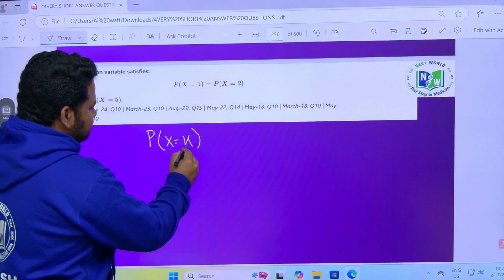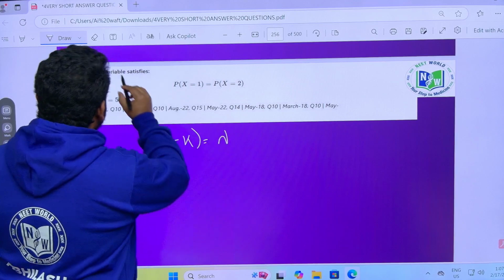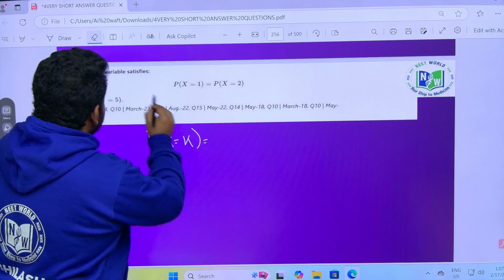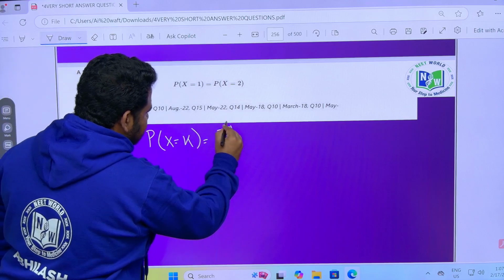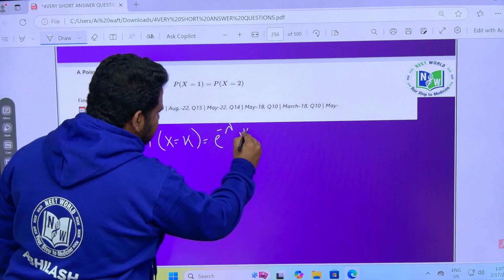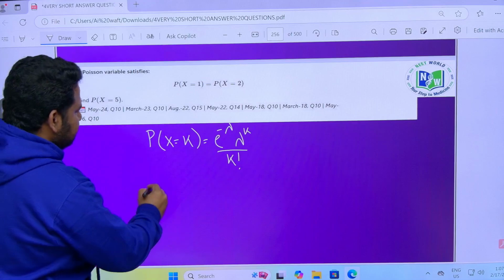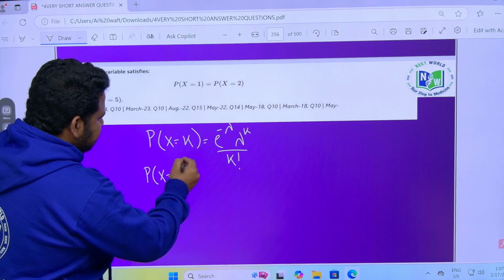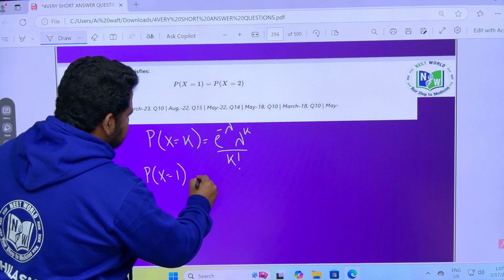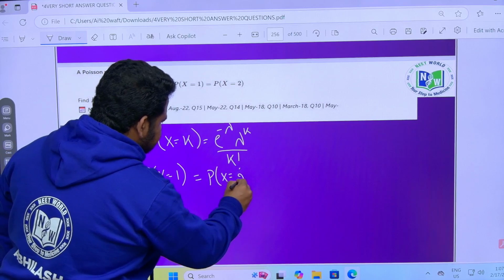variable, P of X equal to k is given by e power minus lambda and lambda to the power of k divided by k factorial. Now they have given P of X equal to 1, that is k is equal to 1 here, that is equal to P of X equal to 2, where k is equal to 2.